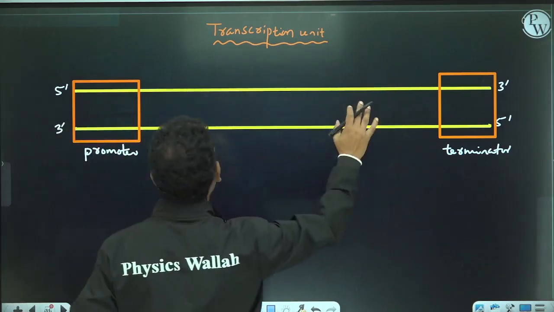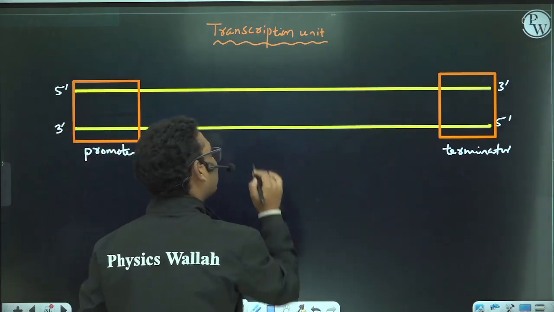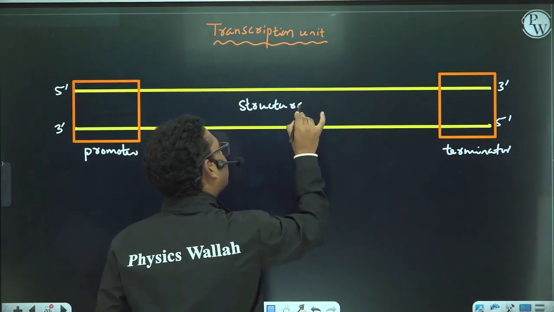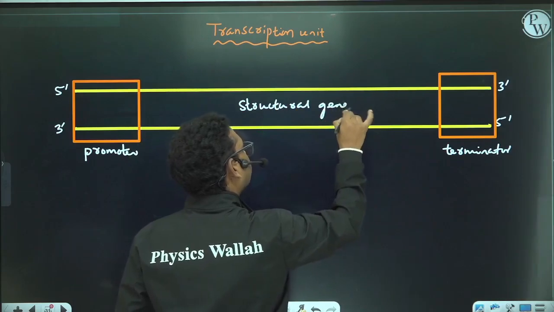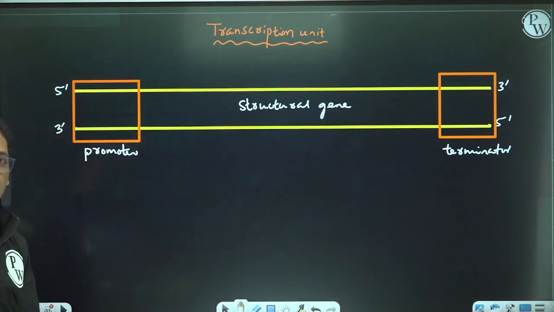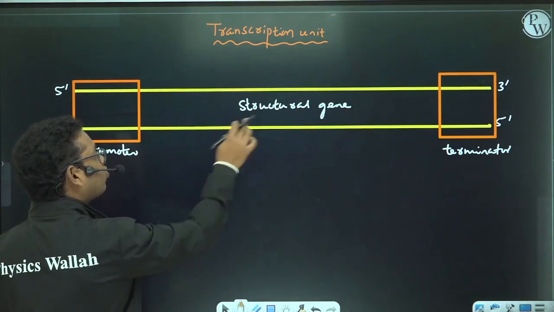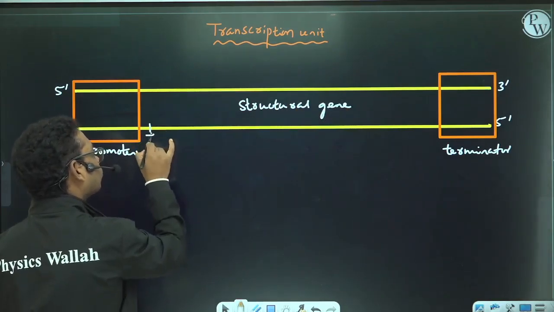The sequence which is present between promoter and terminator is called the structural gene. And the first nucleotide of the structural gene is called +1.